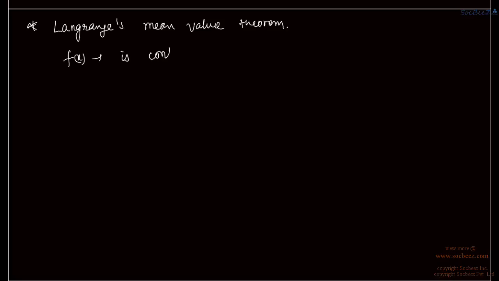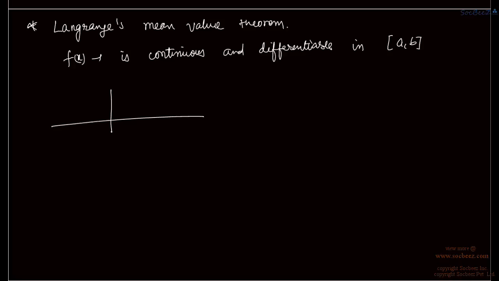So fx is continuous and differentiable in closed interval a to b. Then we have, say, like this, and say this is a and this is b.